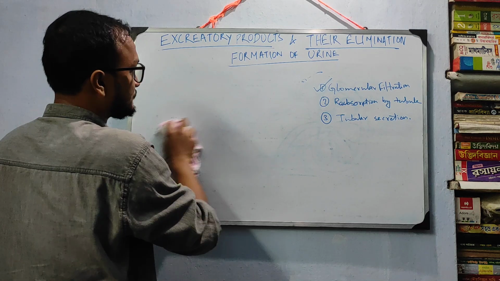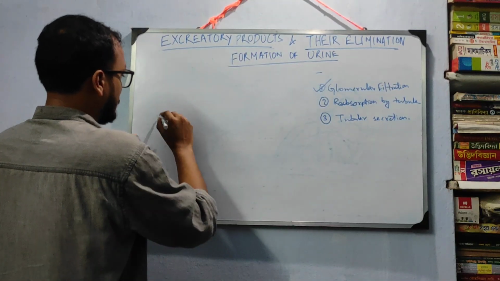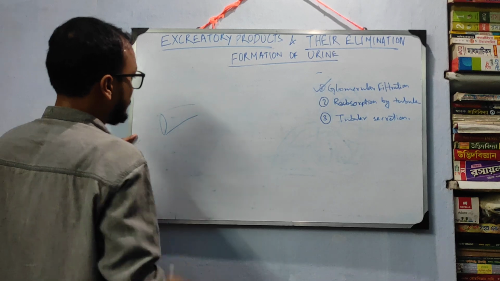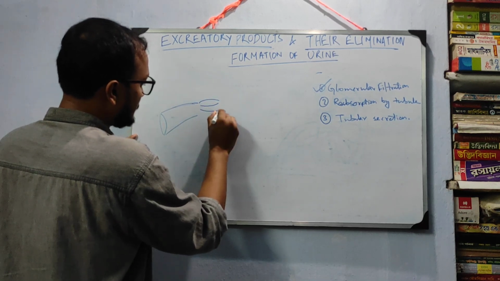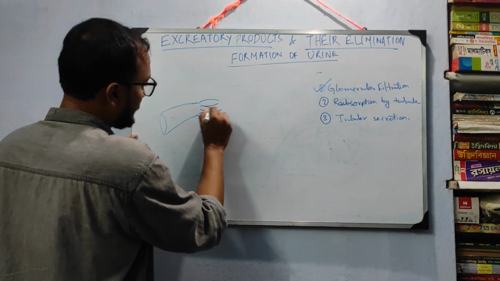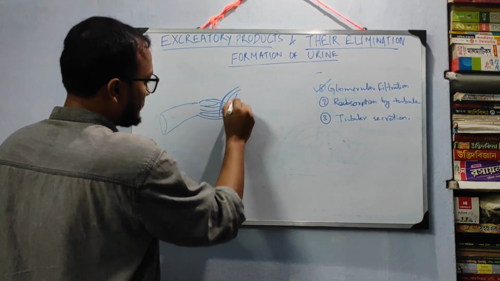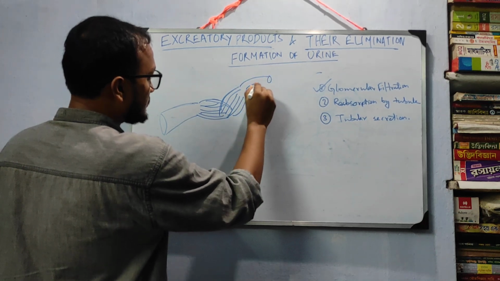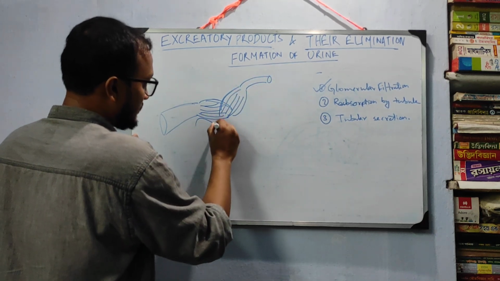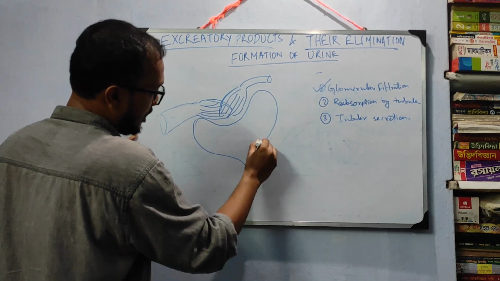So let's see. This is the afferent arteriole, right? The afferent arteriole will make small capillaries, and then those capillaries will bunch together again and make the efferent arteriole. There will be a cup-shaped portion, that is known as Bowman's capsule.